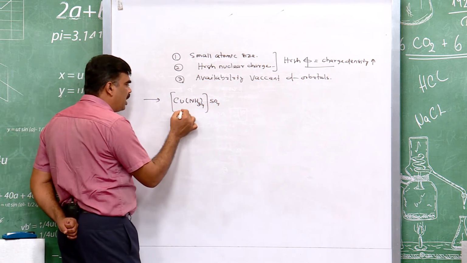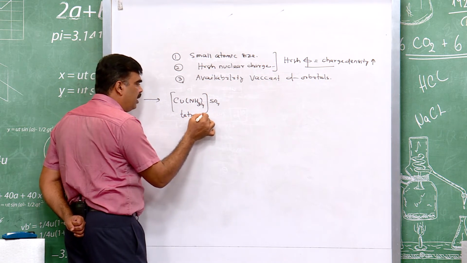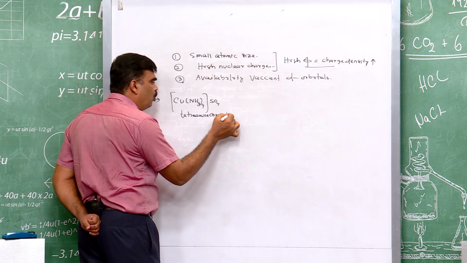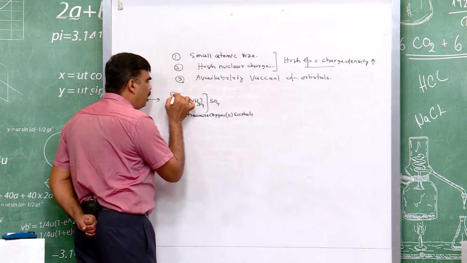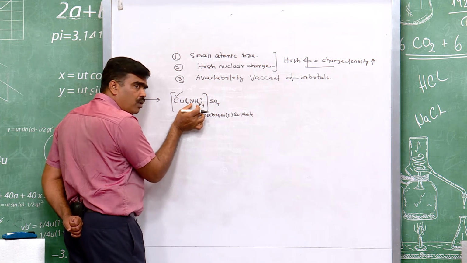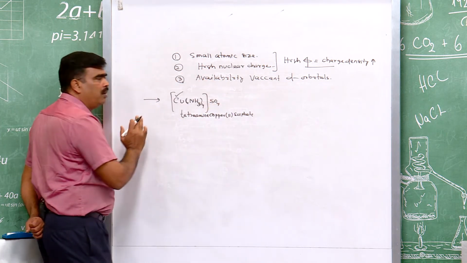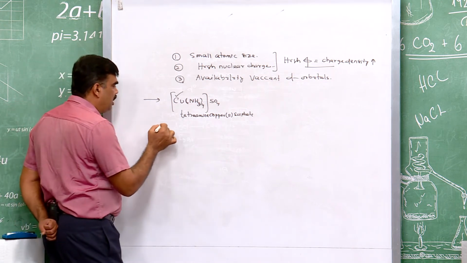Here it is tetraamminecopper(II) sulfate. You see copper now holds 4 ammonia and 1 sulfate and makes this a beautiful blue colored complex. It has that capacity, that ability.